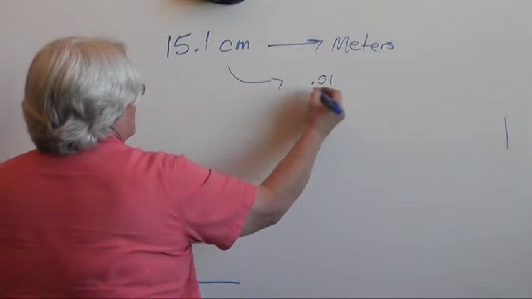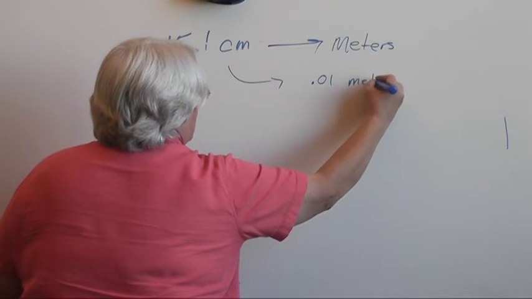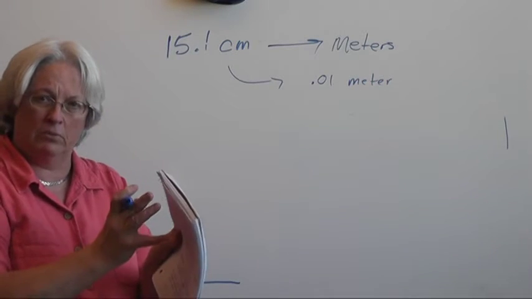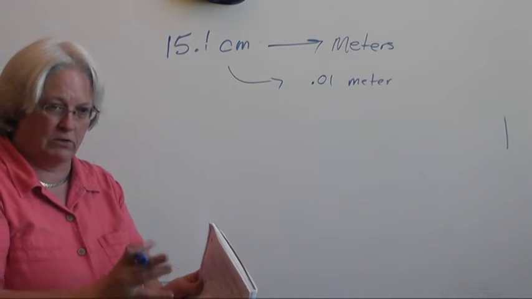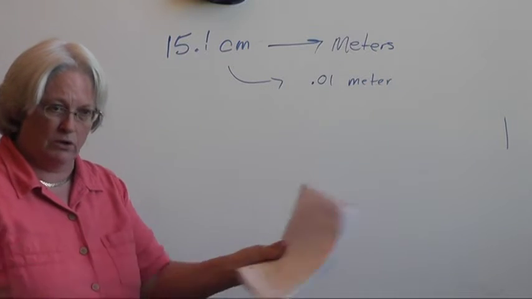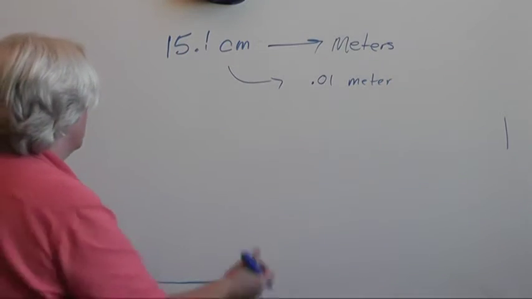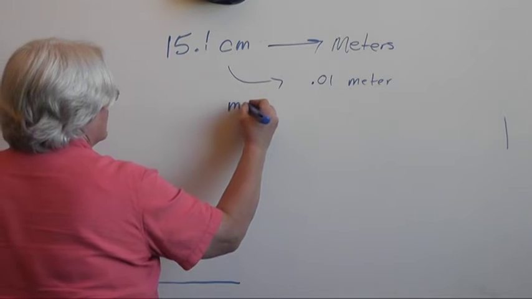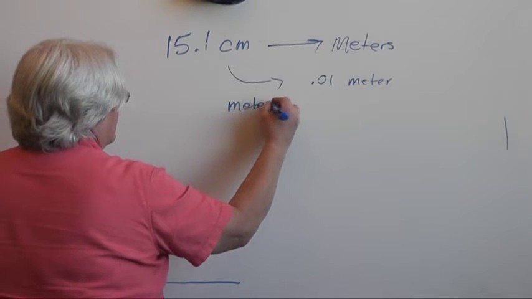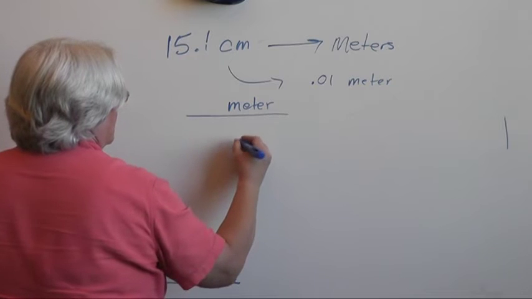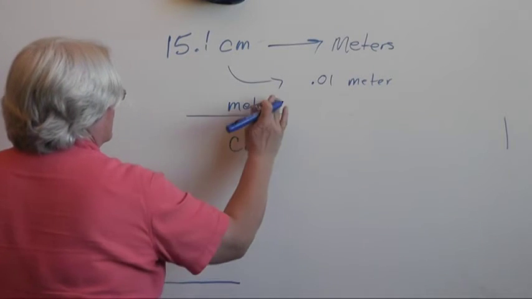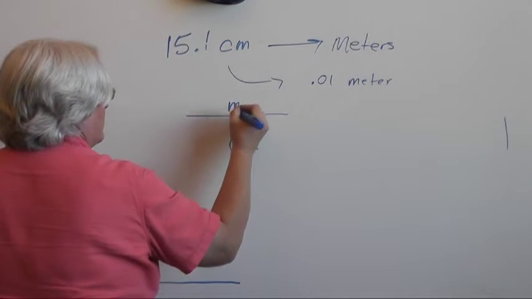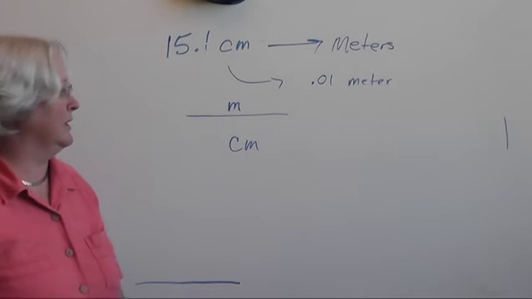So a centimeter is 1/100th of a meter. We have to have a relationship between them. Remember, if we have the same value in the numerator that we have in the denominator, it's equal to 1. They're in balance. So if we're going to have meters in the numerator and centimeters in the denominator, where is that 0.01 going to be? On the top.